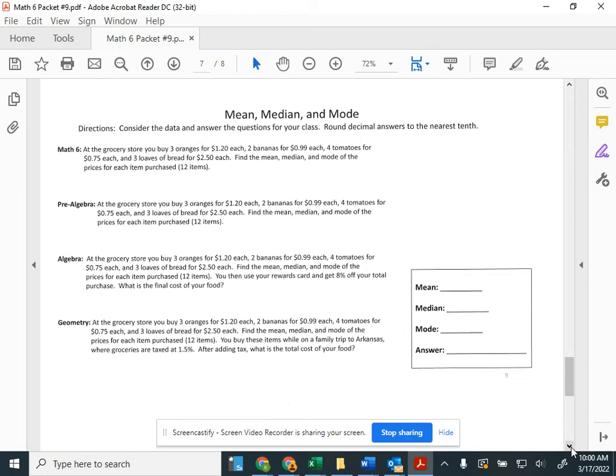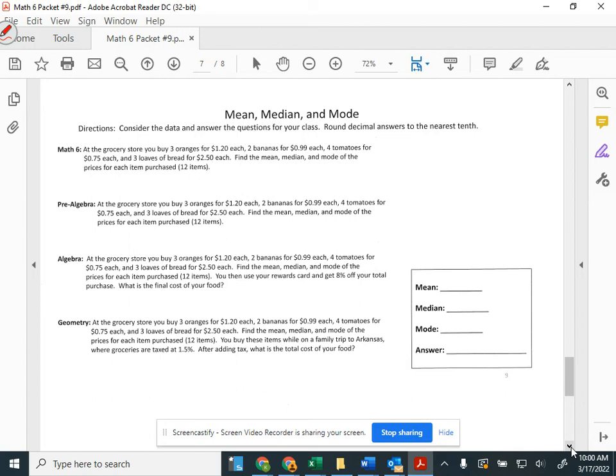Find the mean, median, and mode of the prices for each item purchased. There are 12 items. So that means you're going to want to write out all 12 items in order from least to greatest. So what's my smallest amount that I have listed price-wise?